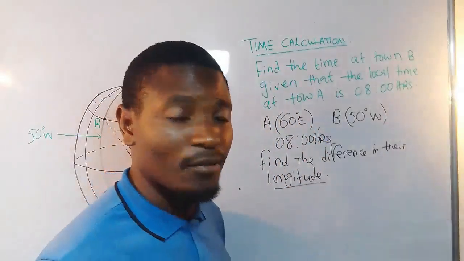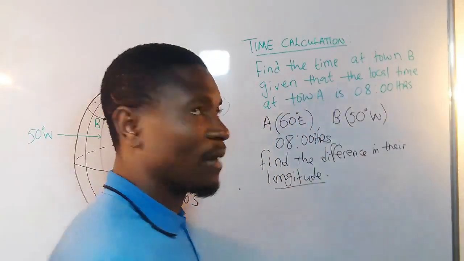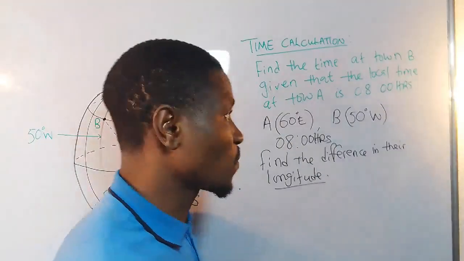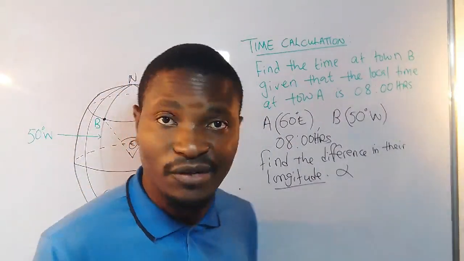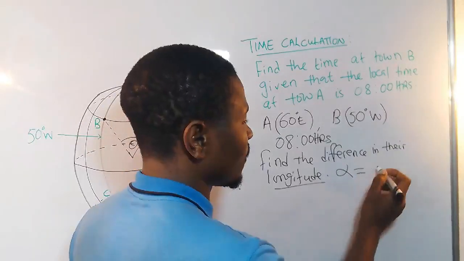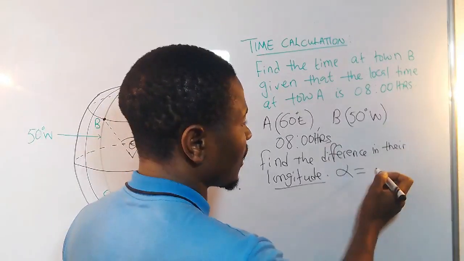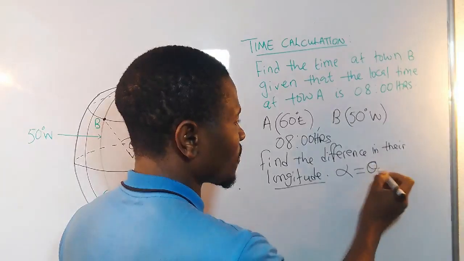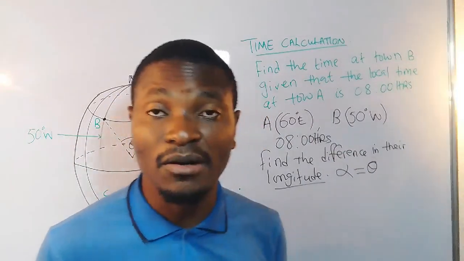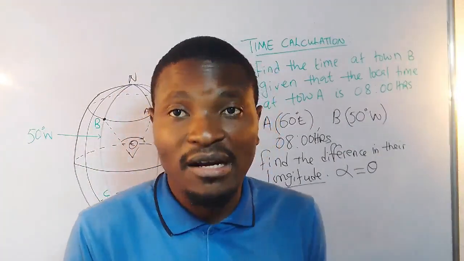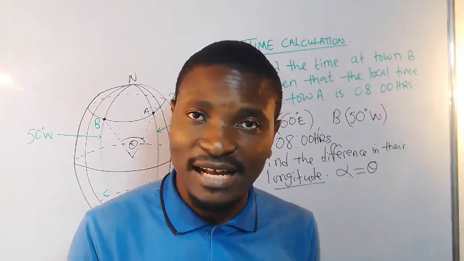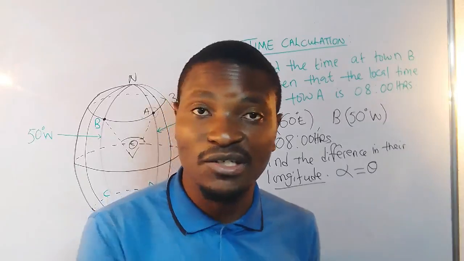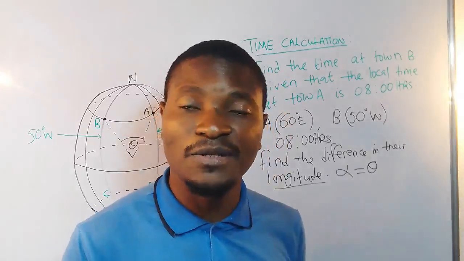From there, I'm just going to call this one alpha, or you can call it whatever you want. Some people call it theta because the Greek name of any angle is theta, but that doesn't mean you have to stick to theta. You can use any representation you want.